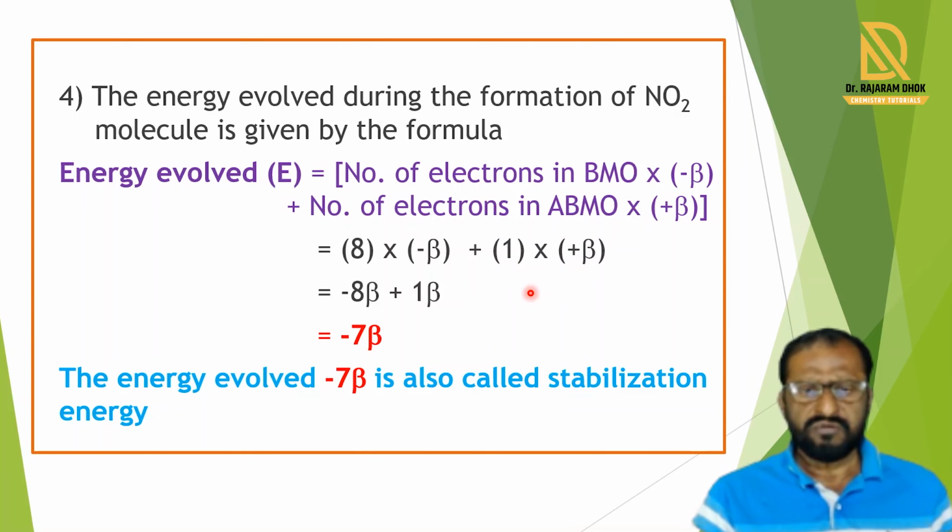By calculation, we get minus 8 beta plus 1 beta, that is equal to minus 7 beta. So minus 7 beta is the energy evolved during the formation of the NO2 molecule, and this is the stabilization energy of the NO2 molecule. So we say that the NO2 molecule is stable because it shows minus 7 beta energy.